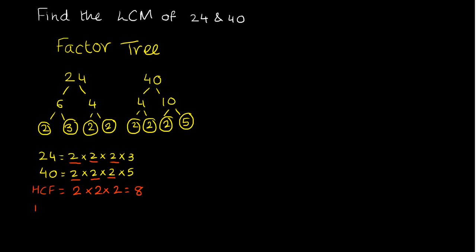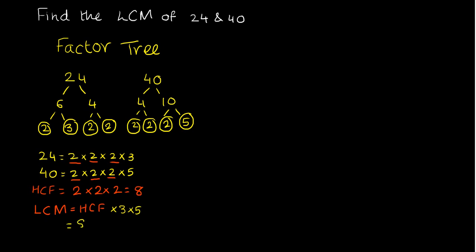Now to find the LCM, we are going to take our highest common factor and multiply by the numbers which we have not underlined. That would be 3 and 5. So we are going to multiply 3 and 5 by our highest common factor.